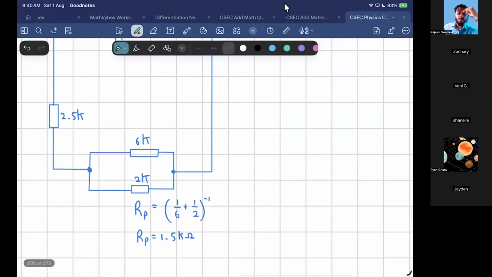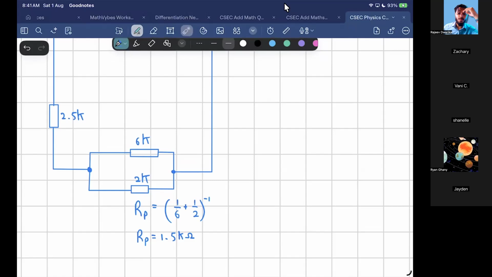Can anybody tell me why it's 1.5 kilo ohms and not just 1.5? Because you never changed it to 1,000. He never multiplied by 1,000.